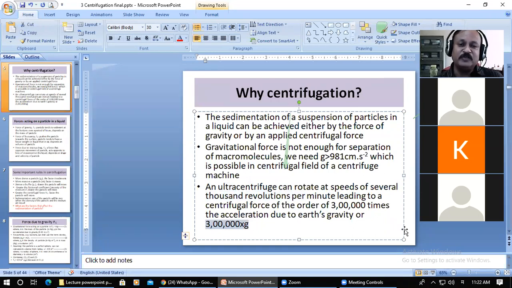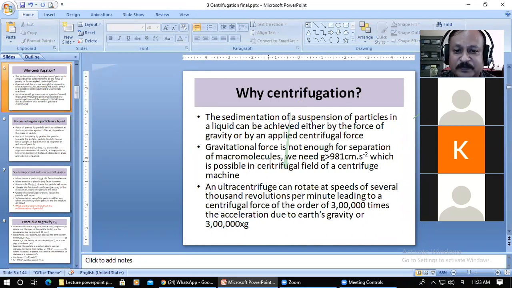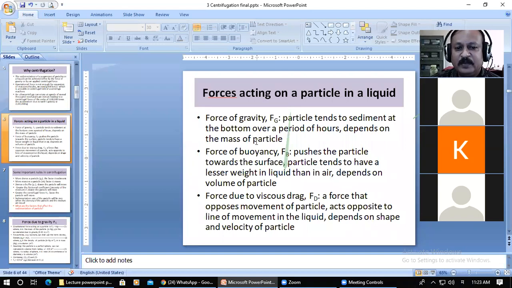That is the kind of centrifugal force we can generate by using a centrifuge machine, and therefore small particles or bacterial cells can be easily separated, and viruses can be separated using an ultra centrifuge. We cannot use a normal centrifuge for separating viruses because the size of these particles is too small, and therefore we use an ultra centrifuge which gives a very high G factor for the separation of these tiny particles. Is it clear?